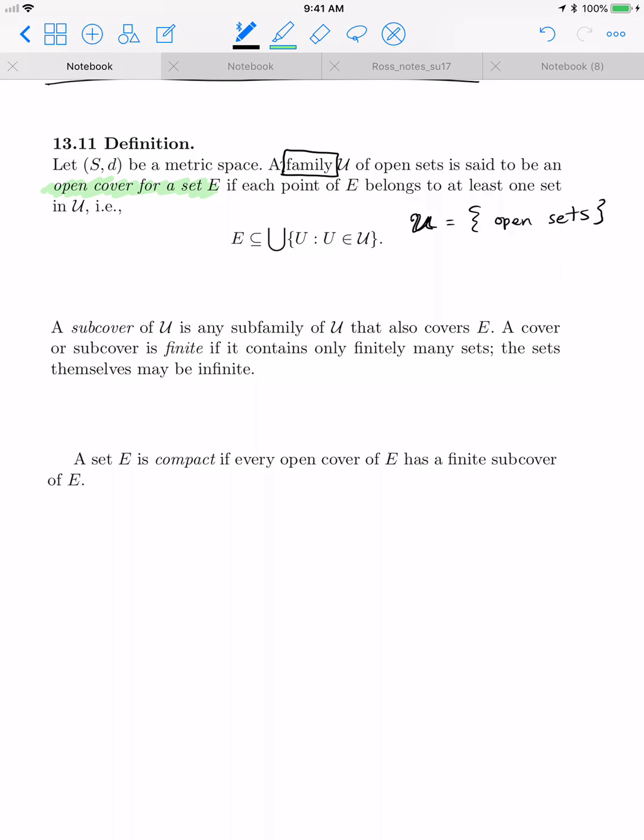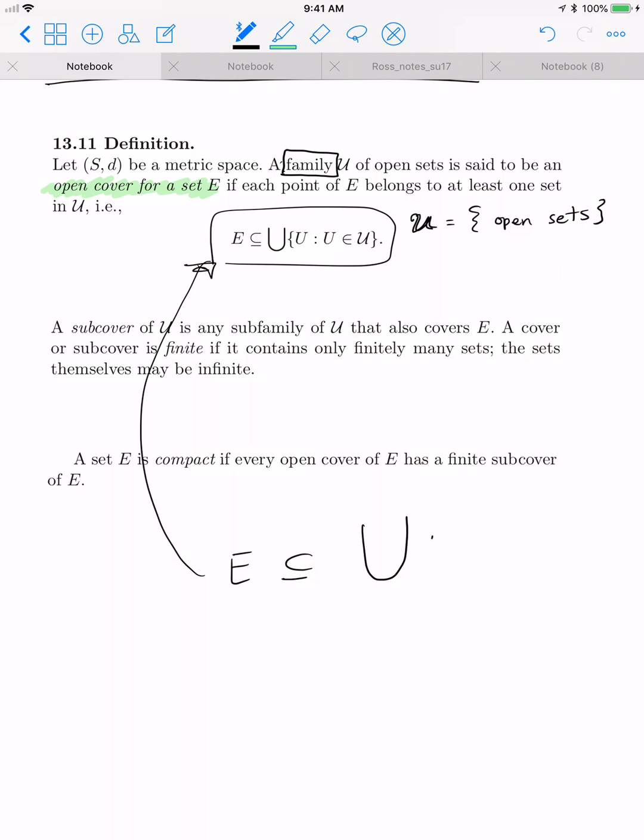And if E is contained in the union of all these open sets, right? So another way to write that is to say that E is contained in the union of U sub alpha, U belonging to script U. So you could say script U is equal to a set of U sub alpha, alpha in script A. So this is just some indexing set.